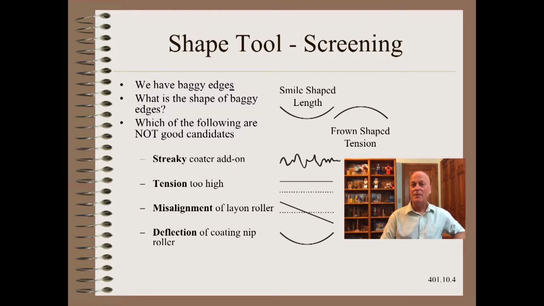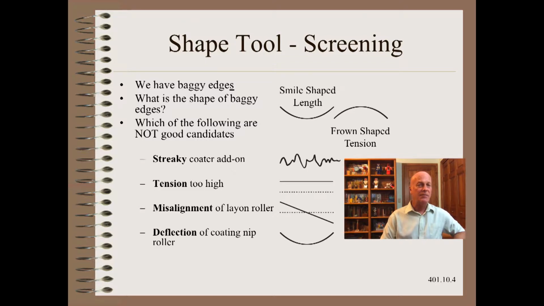Okay. So, what did you come up with? The answer to the first question is that the shape of baggy edges is smile or frown. It is a frown-shaped tension profile. However, as my 5,000 Web 101 students also know, it is a smile-shaped length profile.